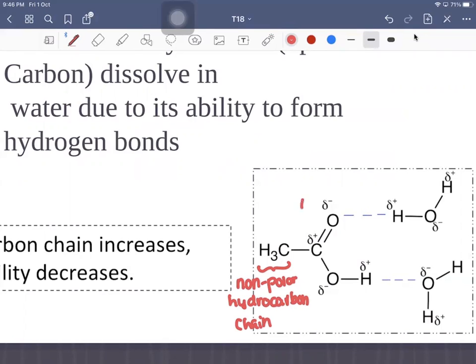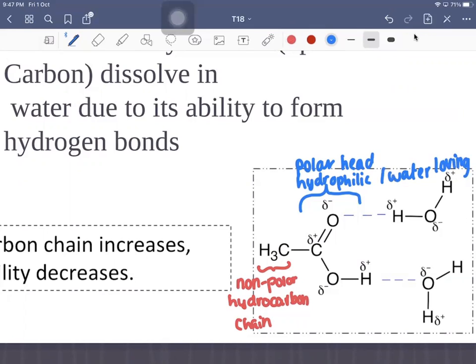And then this area is the polar head. This part is hydrophilic, or we say water loving.